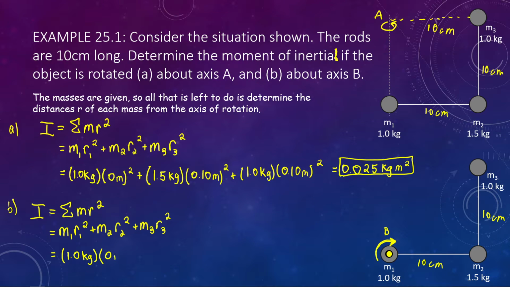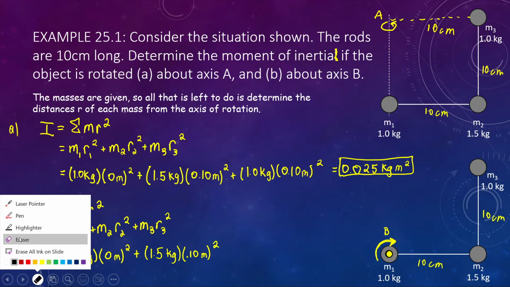It's a different axis of rotation, but it's still passing through mass 1. So it is a distance 0 away from that axis. It is right on it. Mass 2 is the 1.5 kilograms. And its distance is again 10 centimeters. Mass 2 is 10 centimeters away, so 0.1 meter quantity squared.